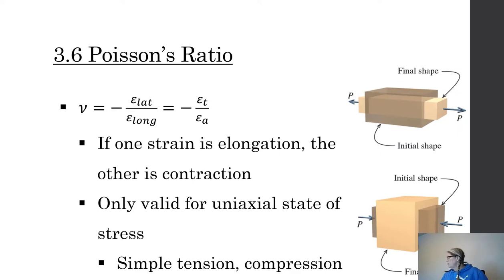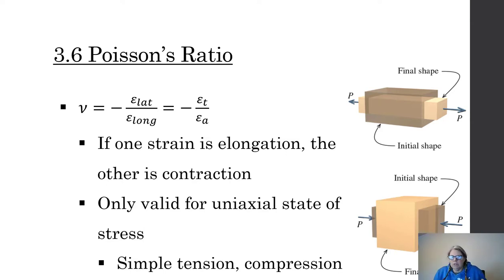So we have Poissons ratio, and it is just the ratio of our lateral strain and our longitudinal, or you can think of it tangential and axial. Why is it negative? Well, if I stretch something, that's going to be positive strain. The cross-sectional area gets smaller, which is negative strain. So if I didn't have that negative, then Poissons ratio would be a negative number, which is weird, okay?